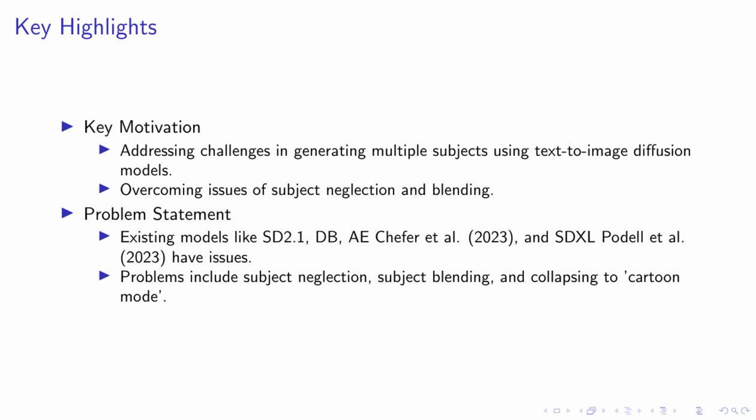These models often neglect subjects, blend subjects together, or even collapse to a cartoon mode when the prompt is too complex. Our goal is to address these issues and enhance the overall performance of subject appearance in the scene. We believe that by tackling these challenges, we can make significant strides in improving the quality and accuracy of images generated by diffusion models. Stay tuned as we delve deeper into our proposed solutions and their impact on the field.